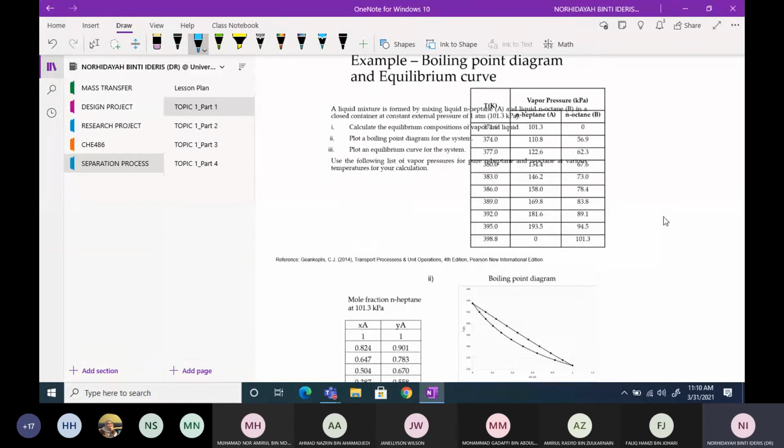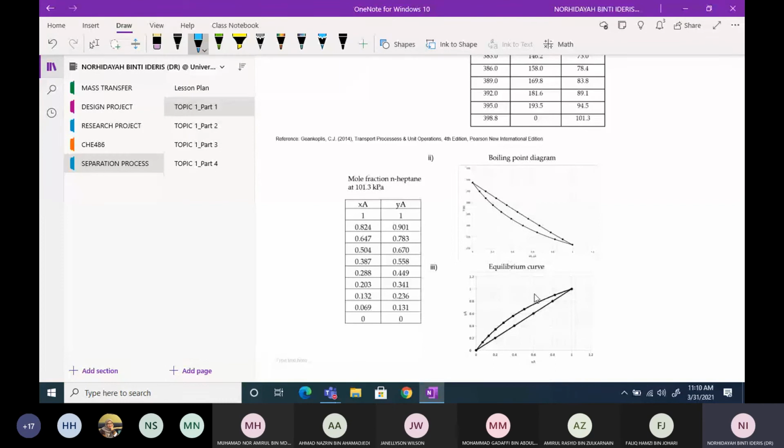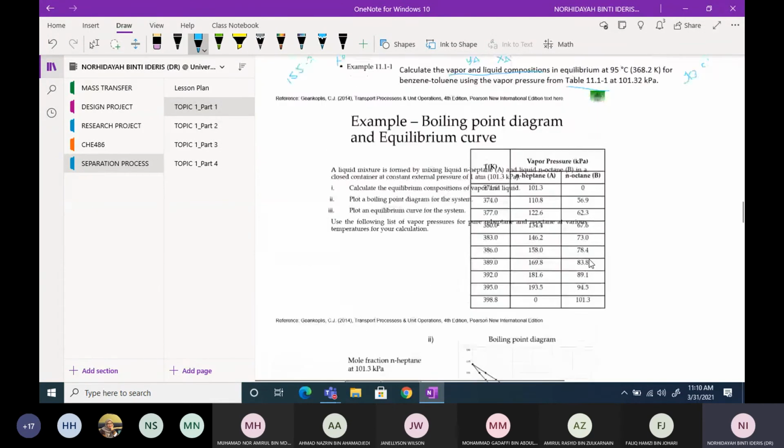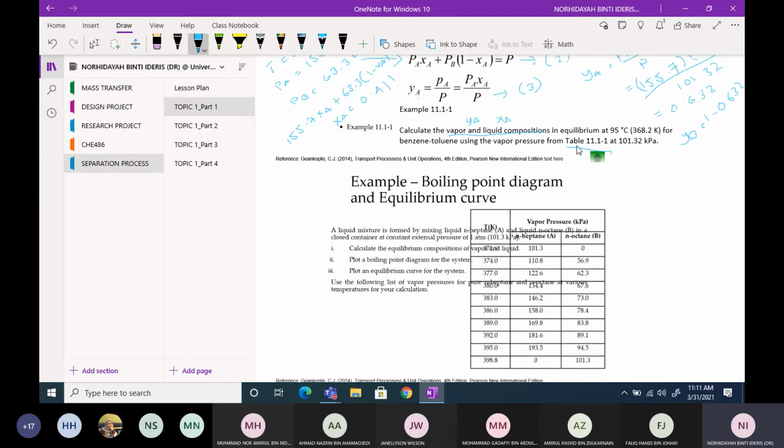You can use your Microsoft Excel. You can calculate and use the Excel to plot these two diagrams here. This is the data for vapor pressure for the system heptane and octane.